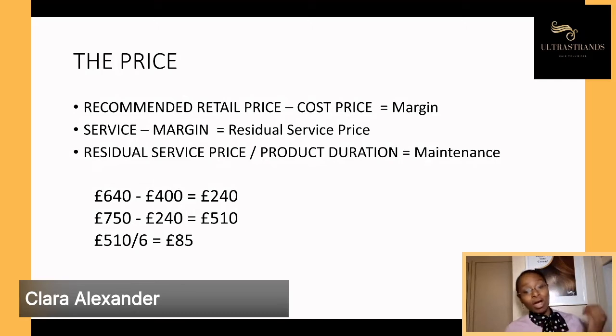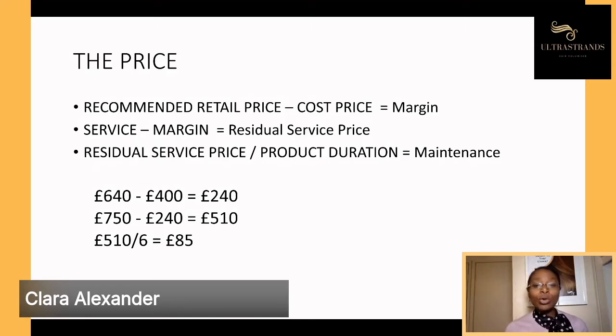Now, the cost price, as you all know as well, for the volumizer will cost you, as if you are an approved salon, £400 for this particular product. Now, the difference between the £400 and the 640 is £240, which is your margin. So now you've got a margin of 240.